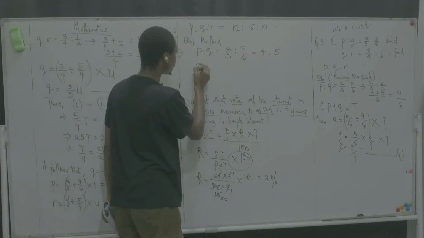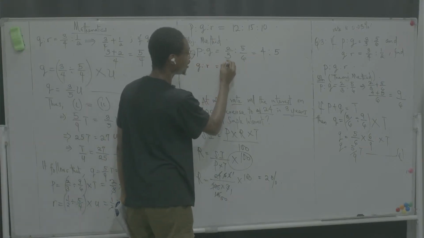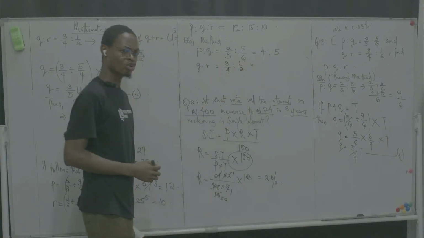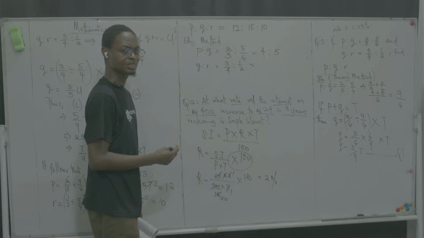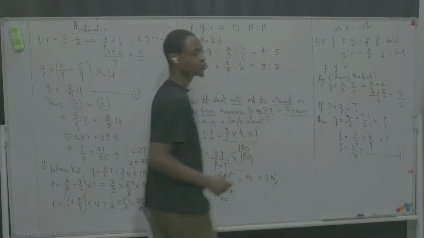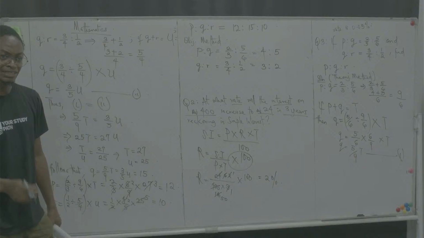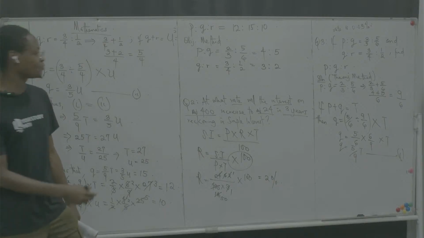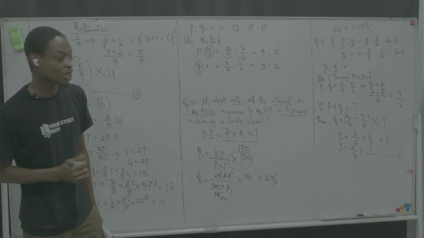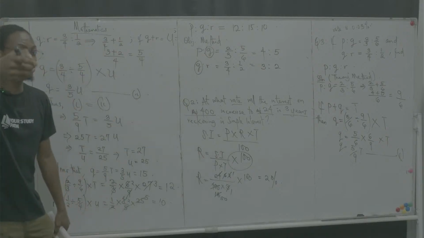The second one, Q ratio R. I have 3/4 ratio 1/2. What is the LCM? It is 4. I multiply by 4. I will now have 3 ratio 2. Are we together? That's the first step. The next step is, what is common? Q is common. So it means that Q has to be the same in both ratios.